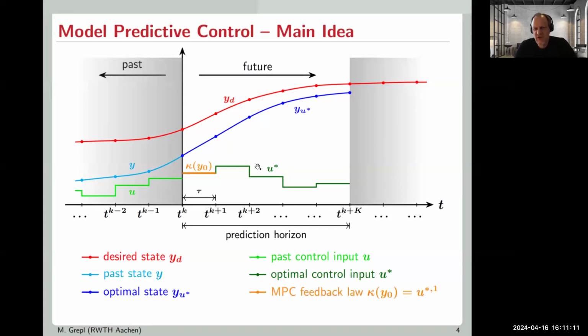So we define our MPC feedback law as kappa of y0, where y0 in this case is y of t_k, as u star 1. So just the first entry of our optimal control sequence. Once we do that, we can go one time step ahead to this state here, y of t_k plus 1, if we apply this MPC feedback law.